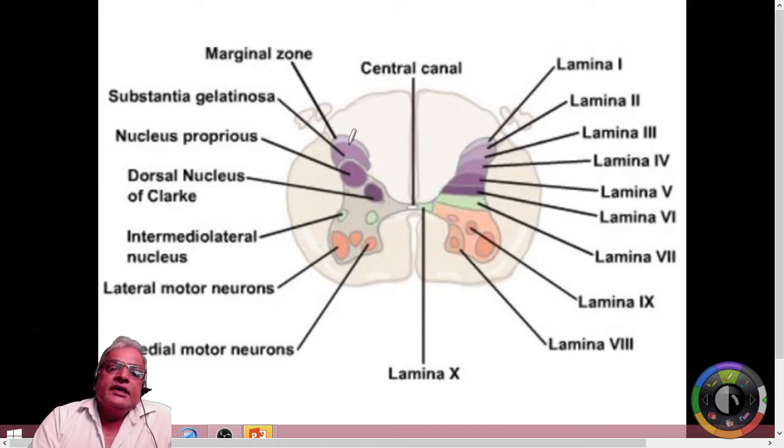So here you have the substantia gelatinosa, the nucleus proprius, the dorsal nucleus or Clark's nucleus, then the intermediolateral concerned with the viscera, and these are your motor neurons, the lateral ones innervating the limbs, the medial ones innervating the trunk muscles, and here maybe in the cervical region you have the phrenic nucleus and so on.